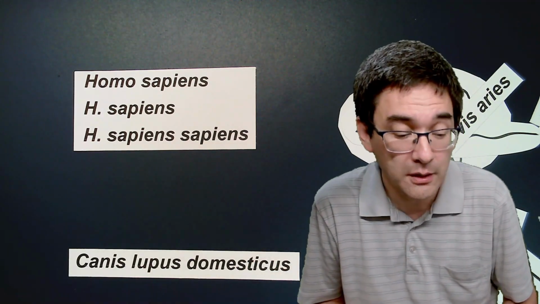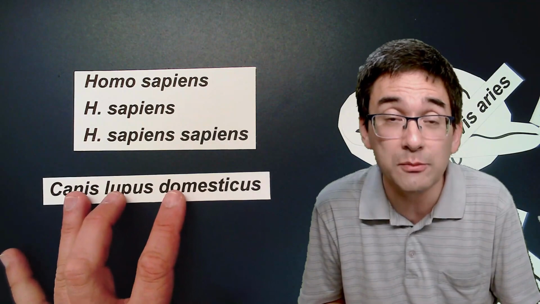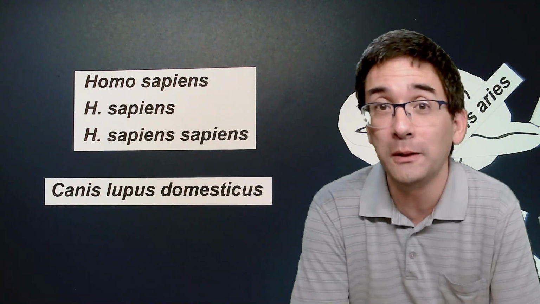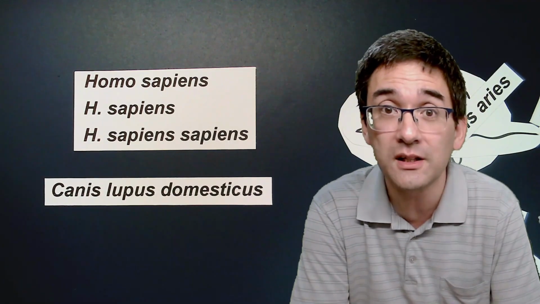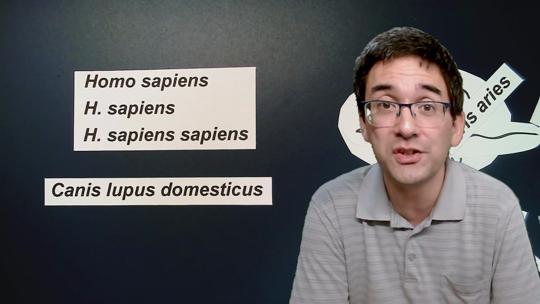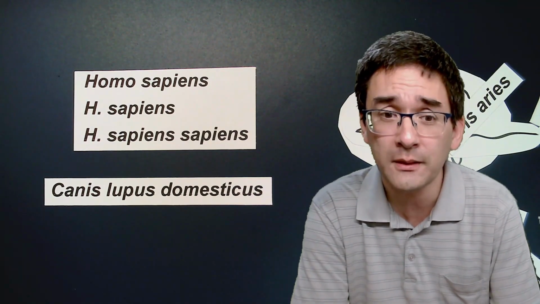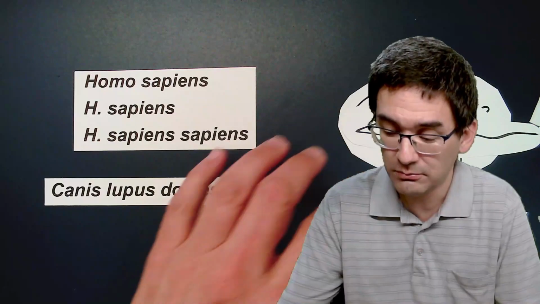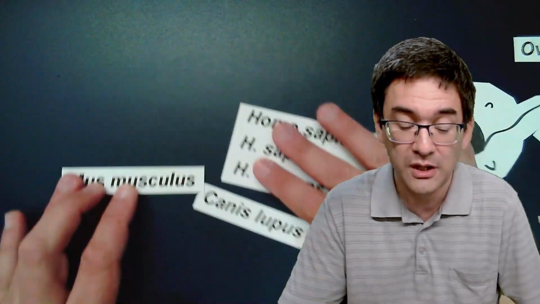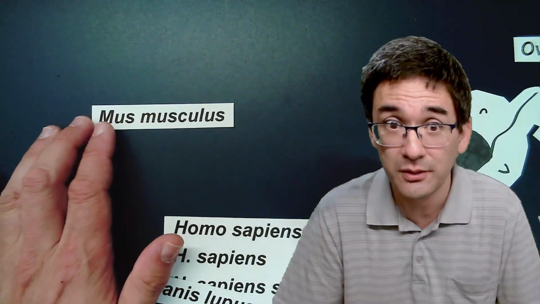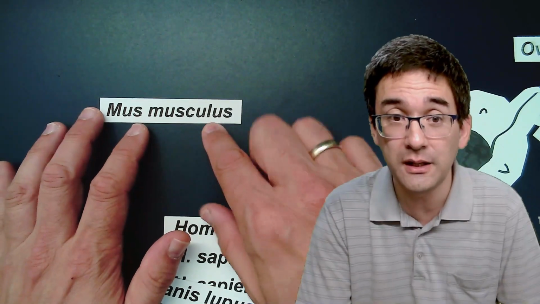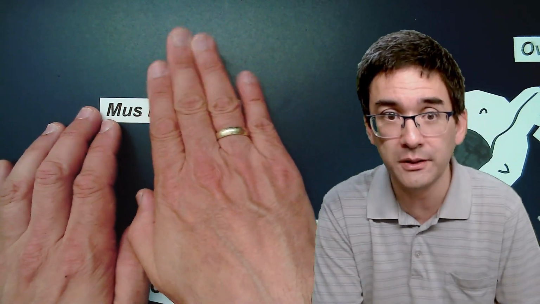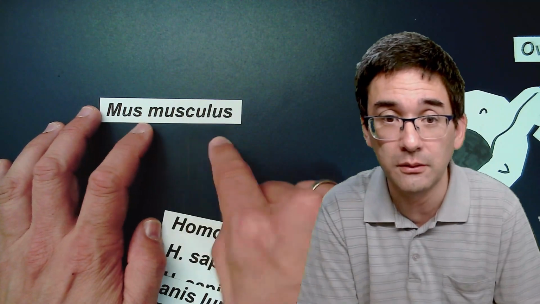So, basically, who gives it those names? Well, if you discover a new animal, a new plant, any new organism, then you have the possibility to propose a name. Let's talk about Mus musculus. If you discover another mouse, which is not a house mouse, then it's got to be called Mus, but you can invent the second part.